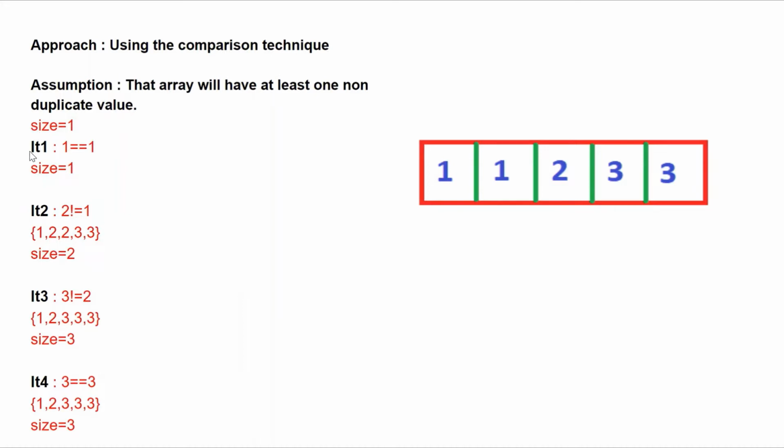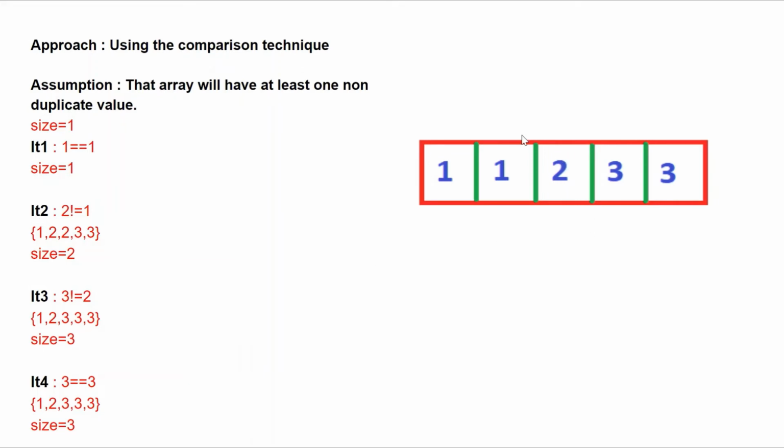Like here, in iteration 1, we start from array element 2, that is, 1 is compared with its previous array element 1. Both are equal, that is, both are duplicates, so we simply ignore it and move to the next array element, and the size remains the same, which is 1. Then we move to iteration 2. In iteration 2, our current array element is 2.